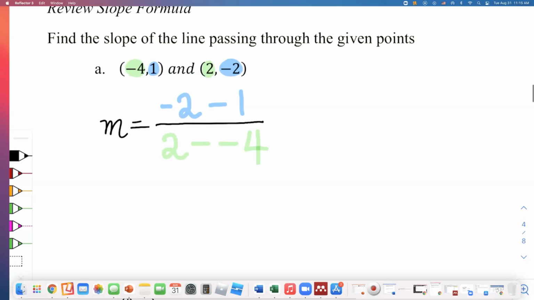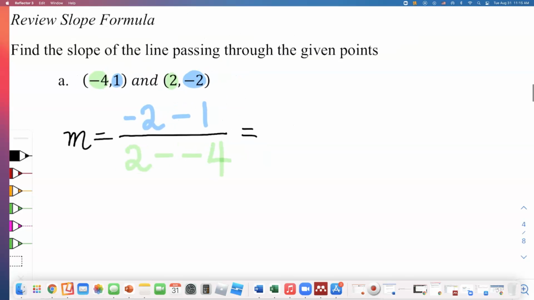Aha, we have to be very careful with signs here. The numerator is going to be -3. The denominator is 2 plus 4, right? Double negative. So this fraction turns into -3 over 6.